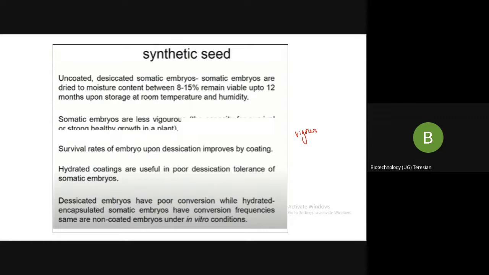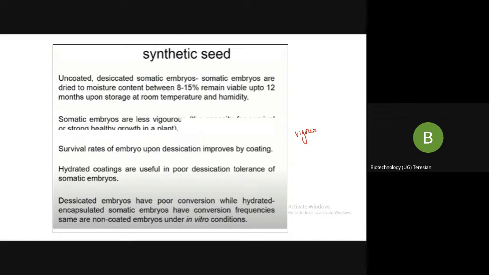So somatic embryos are dried to reduce the moisture content to 8 to 15% so that they can remain viable for a period of a year, for 1 year at least.